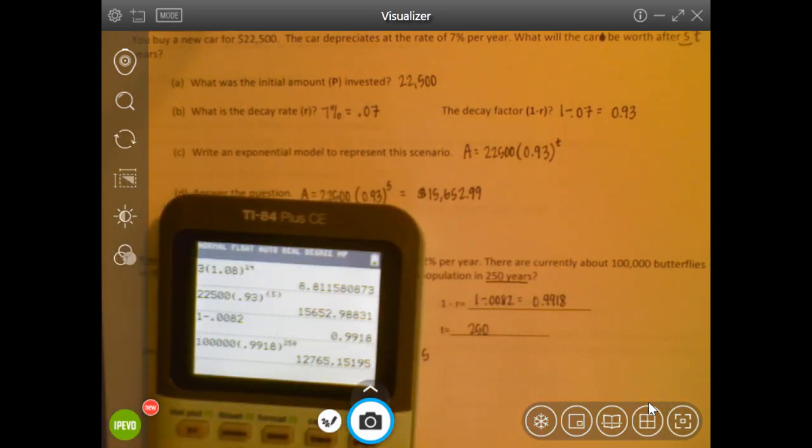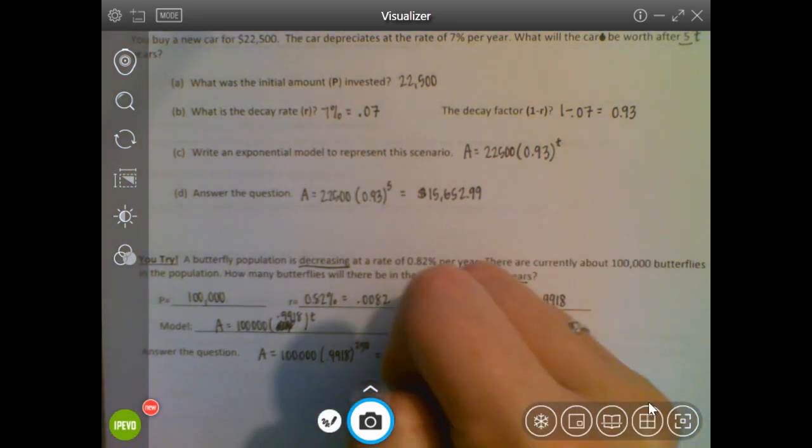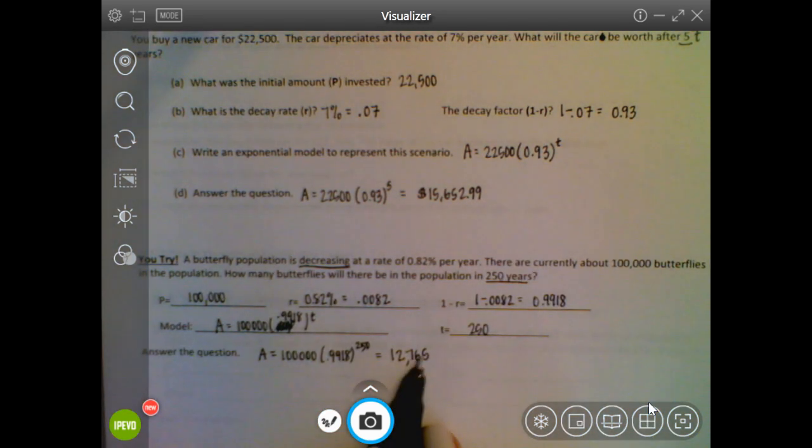In my calculator, I am going to get a decimal here, but remember that we're talking about butterflies, so we don't want to have a decimal of a butterfly, so I would just round to the nearest whole number. This number that you're getting at the end should definitely be less than the number that you're starting with, which this definitely is. 12,000 is less than 100,000.